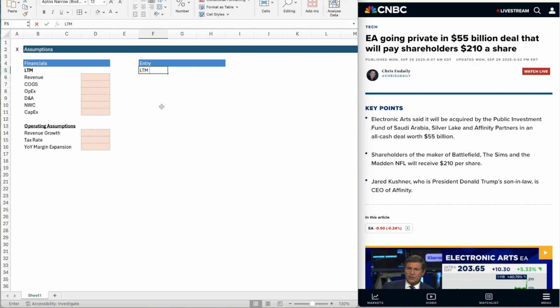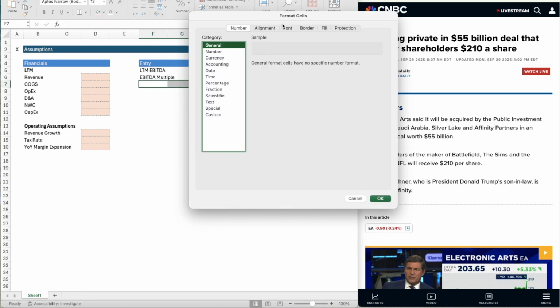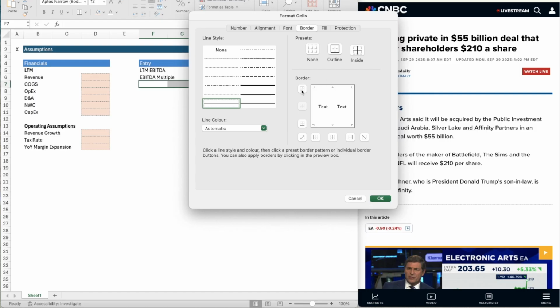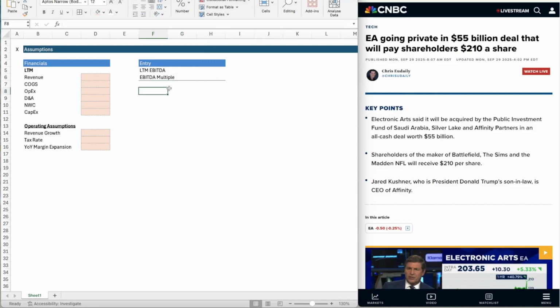And this is going to be the last 12 months EBITDA, the first line, then the EBITDA multiple. Then we're going to draw a line under this. Enterprise value, existing net debt, equity value, fees and expenses.